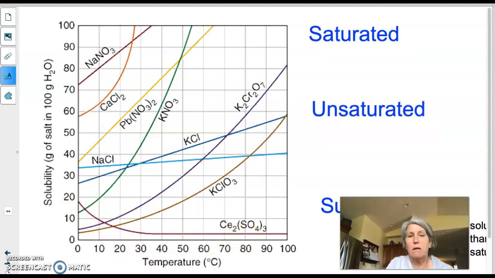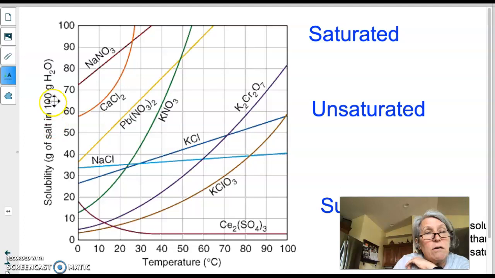All right. Okay, so we're going to talk a bit about what it means to be saturated, and I'm going to look at this potassium dichromate line, which is this blackish purplish line that I see right here. That's the potassium dichromate.